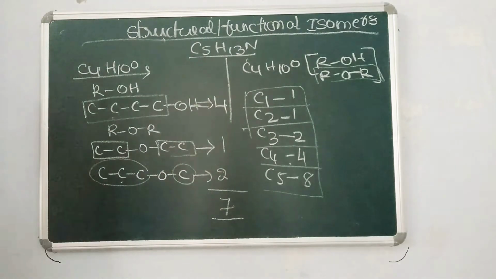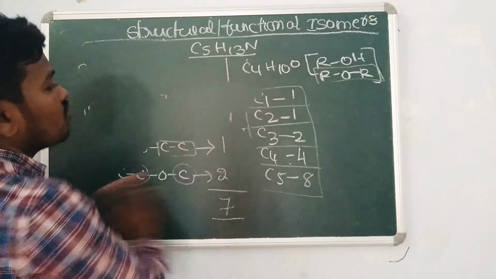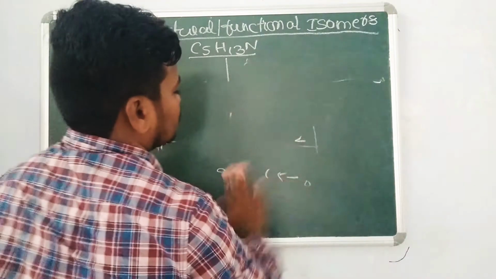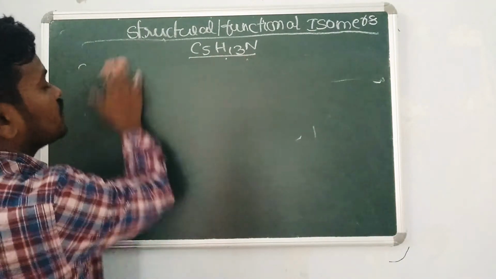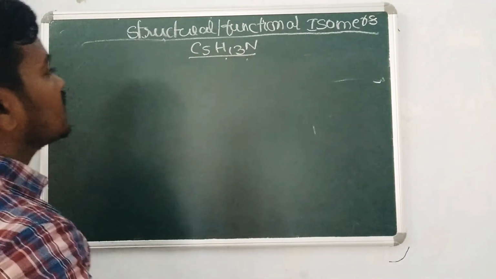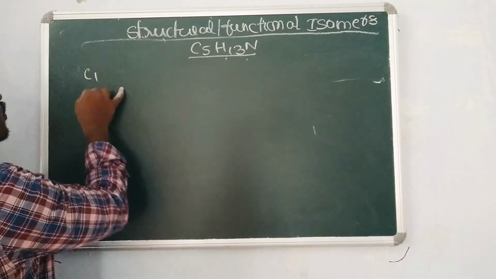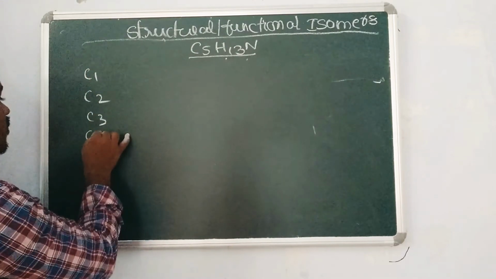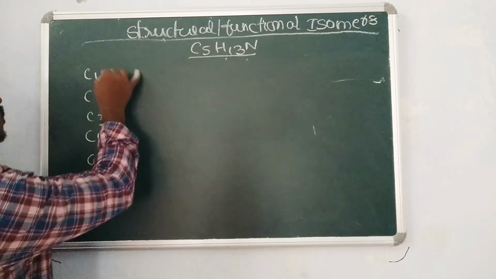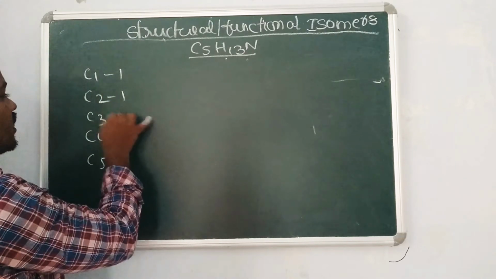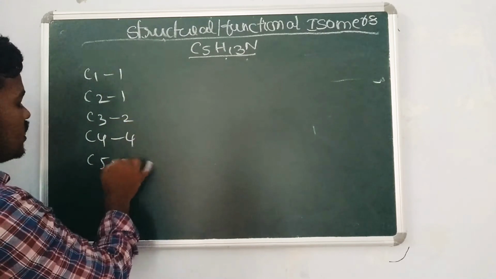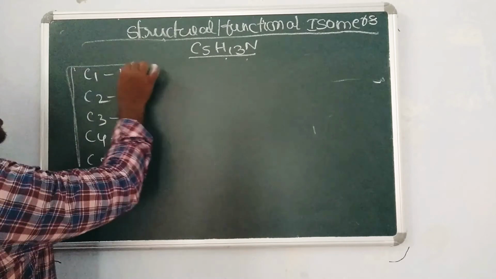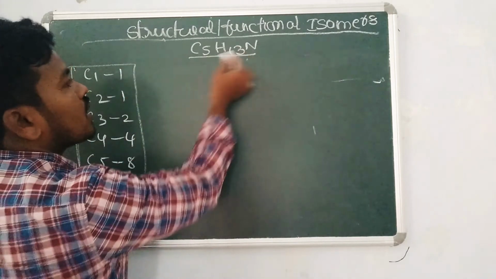Next, you can see the number of possible isomers with C5H13N. For 1 carbon it is 1, for 2 carbons it is 2, for 3 carbons 2, for 4 carbons 4, and for 5 carbons 8. Just remember this. Here amine is possible.